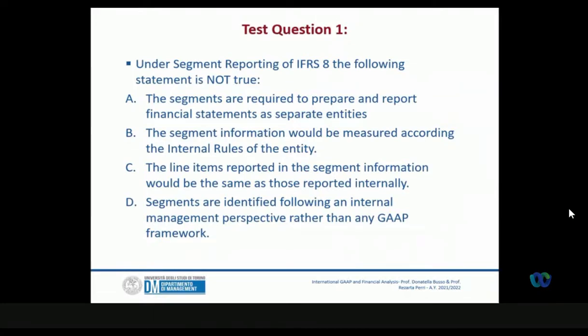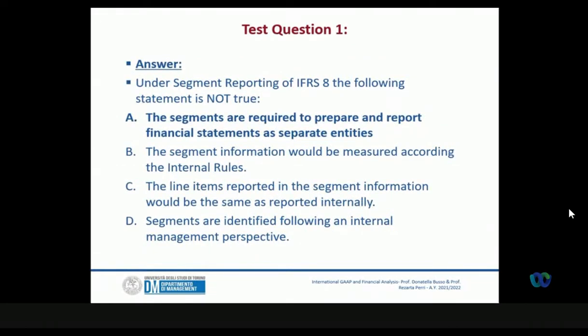IFRS 8 requires us to disclose detailed information about segments, but this does not mean that each segment will report its own statement of financial position or statement of other comprehensive income. So as a summary, IFRS 8 requires disclosure of detailed data about the segments, but that does not mean that the segments themselves are required to prepare and report financial statements as if they are subsidiaries.